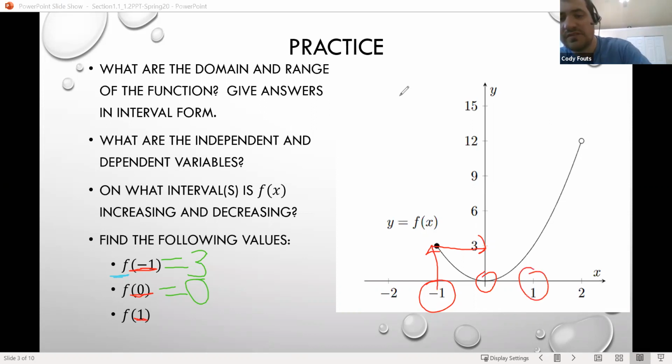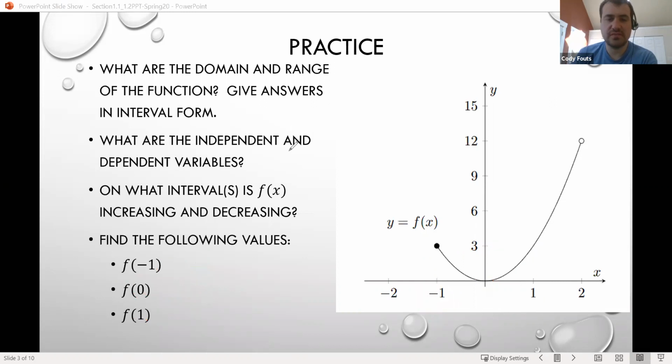That's here on the graph. We go up to the graph. Again, it looks like it corresponds to an output of 3. So f of 1 is also 3. All right. So that's a little more basics of functions.